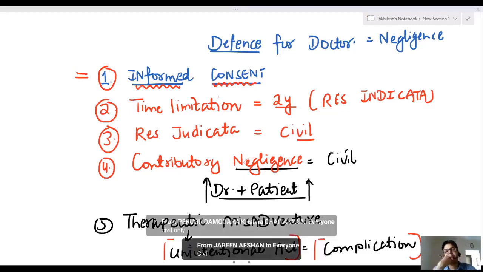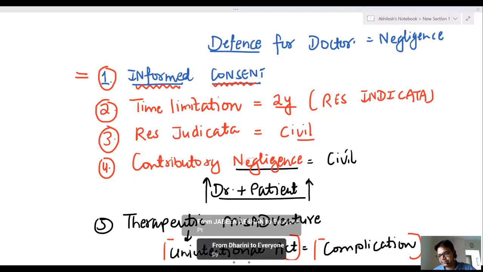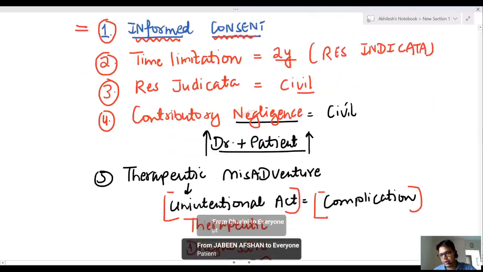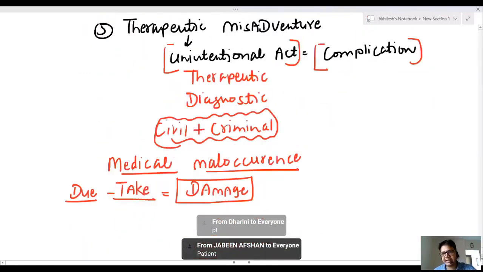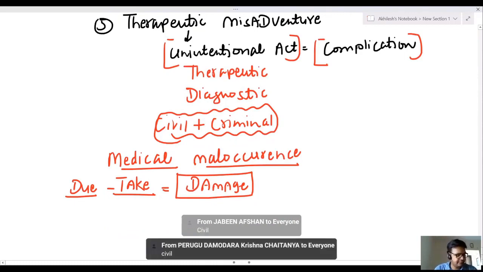Yes, civil negligence only. Contributory negligence is negligence contributed by the doctor as well as the patient. Is contributory negligence a defense in civil cases or criminal cases? Yes, it is civil cases.